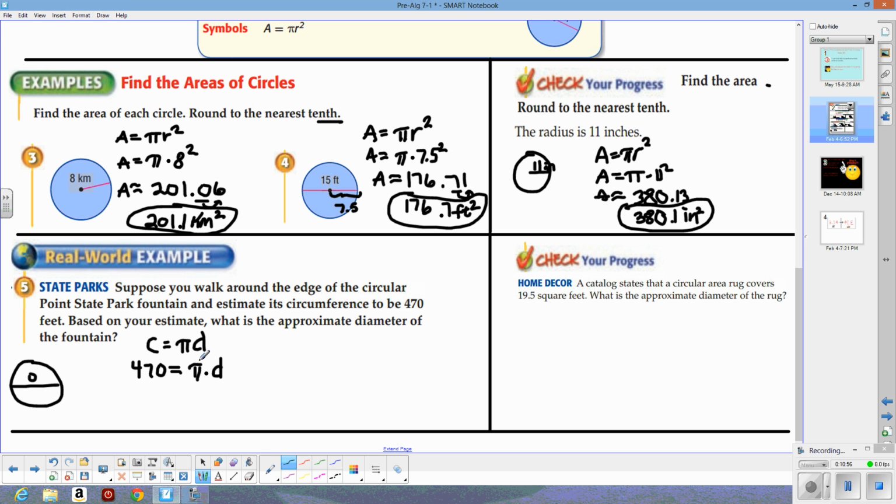Pi is about 3.14. We're going to go ahead and solve this equation for d, for the diameter. Instead of multiplying by pi, you would divide by pi. On this side, when I divide by pi, I'm going to be left with d. And on this side, it's going to be 470 divided by pi. You can use your calculator for that.